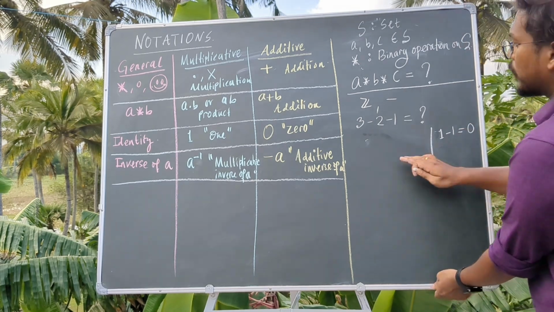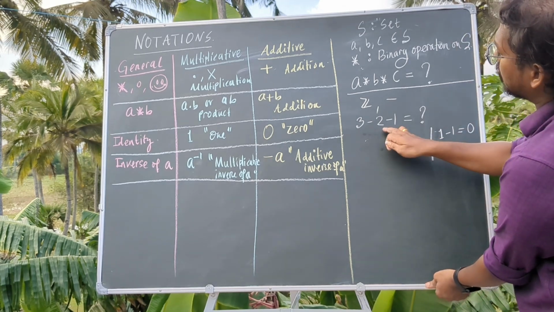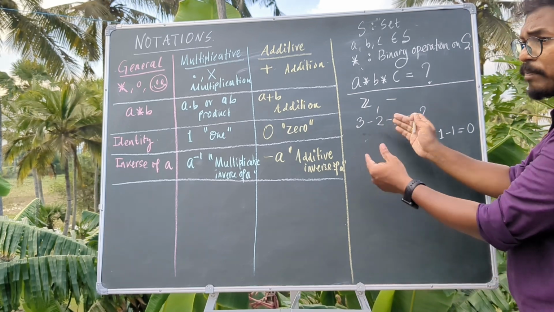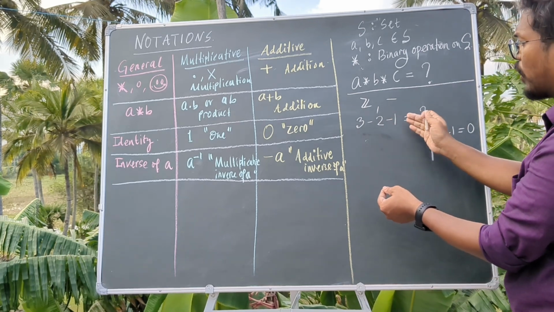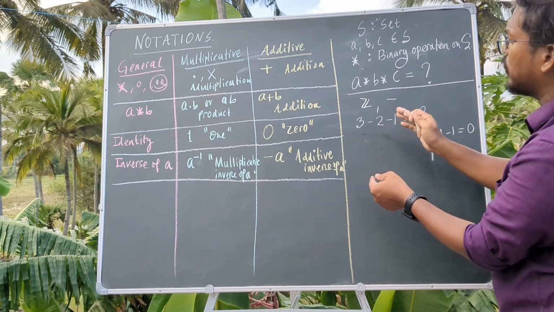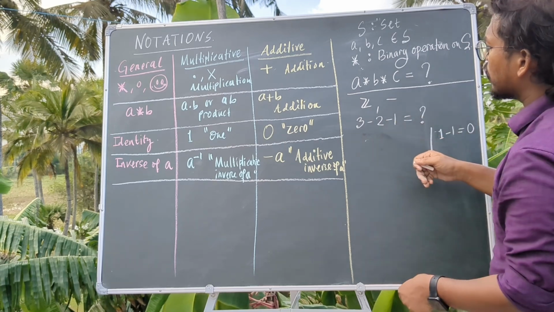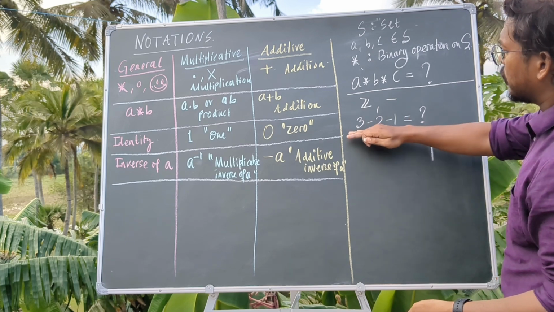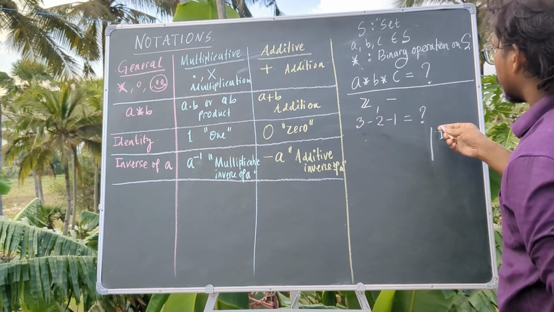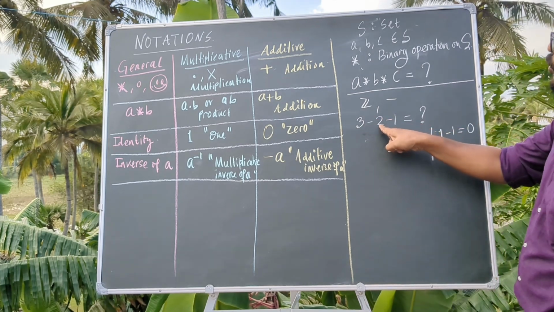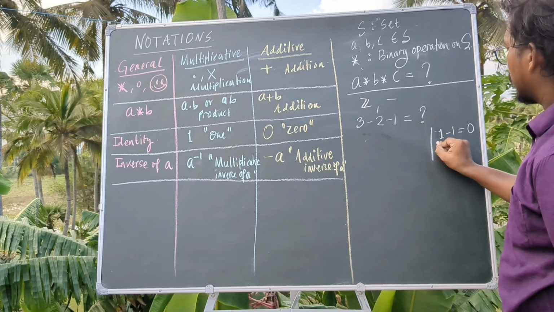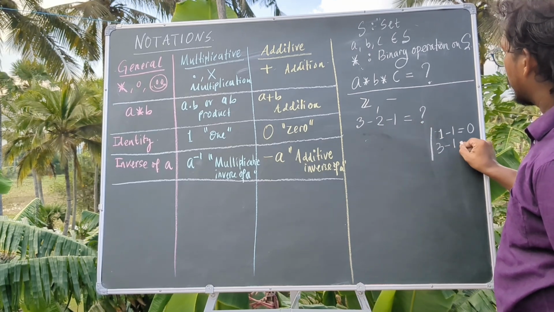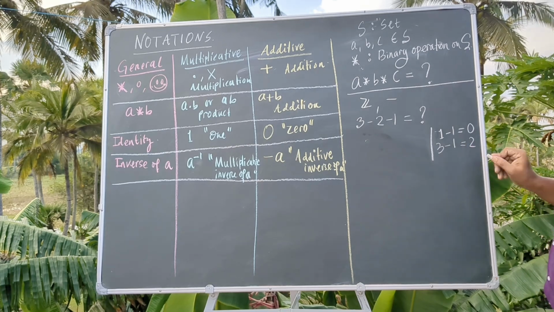And some other person, suppose he is operating 2 and 1 first, because it is not given that you have to operate 3, 2 first or second. So anyone can operate in any way. So for 3 minus 2 minus 1, suppose someone is operating 2 and 1 first, then he will get 3 minus 1, which is 2.